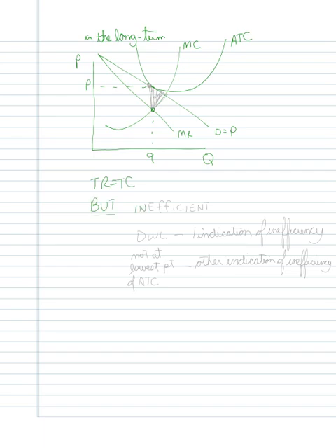But it is inefficient, and it is inefficient in two ways. First, as measured by the presence of the deadweight loss. That's one indication of inefficiency.